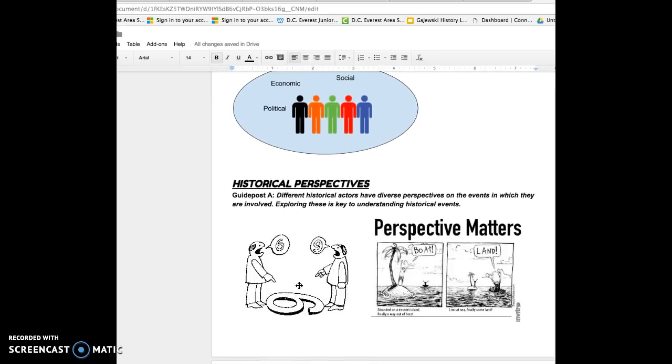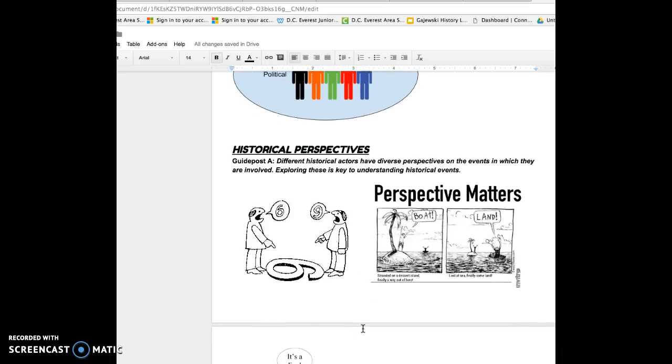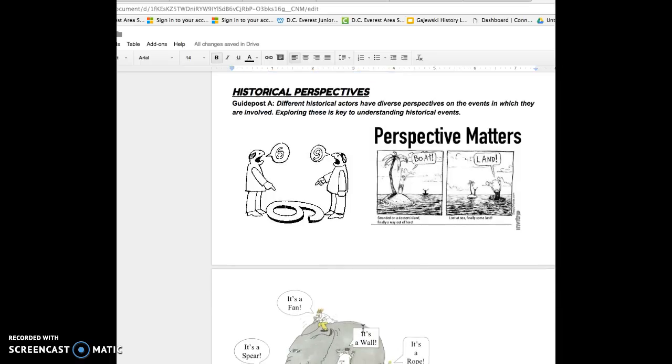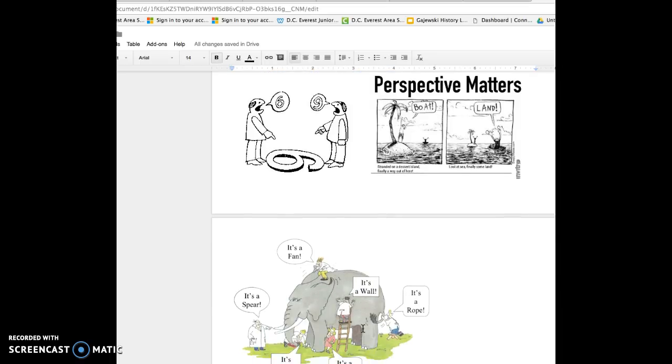Historical perspectives. Different historical actors have diverse perspectives on the events they are involved in. So making sure to clarify, and we're going to very clearly see this in the early government period, that there are some very different perspectives when they're compromising, some very different perspectives on Washington's cabinet, and very different perspectives during the first years, different presidencies.